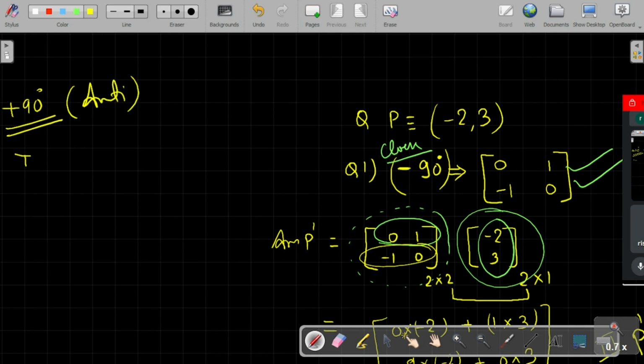So its transformation matrix will be, see, anti-clockwise 90-degree, sine 90 is 1, cos 90 is 0, 0, and should be minus of 1. Have you written somewhere this with the matrix?